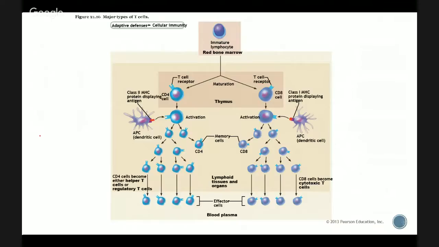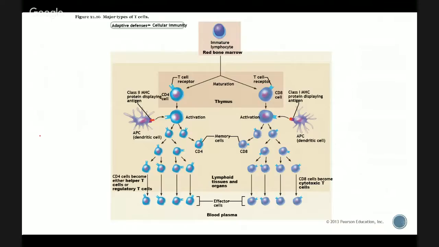So the antigen presenting cell is going to present the antigen of the infectious agent through the class 1 MHC protein. Whereas the class 2 MHCs are only found on cells that present antigens to CD4 cells. Okay, so not necessarily on the body cells. They can come from other places.